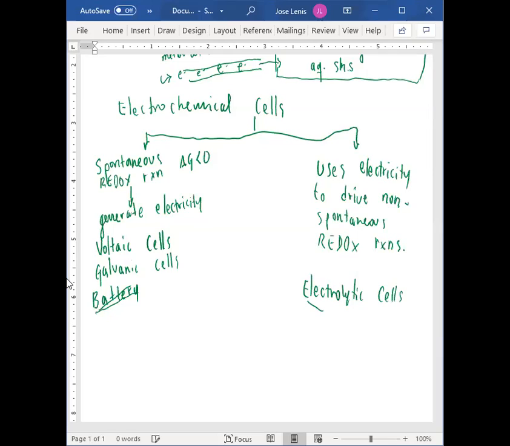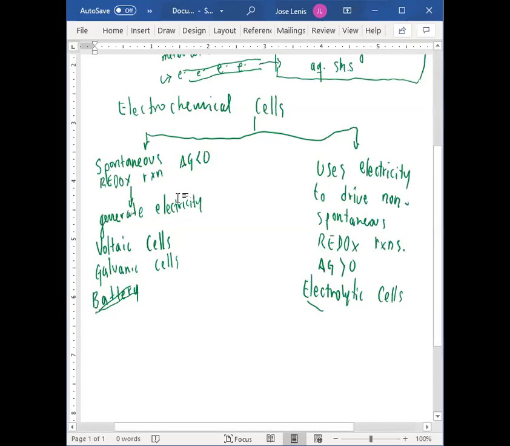What is the condition for non-spontaneous reactions? Delta G is positive. So let's focus on this type of cells. Let's focus on voltaic cells. I'll show you how to build a voltaic cell.